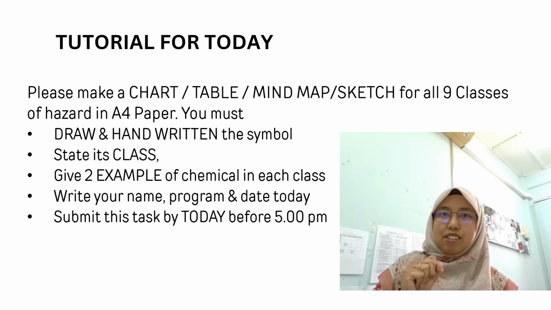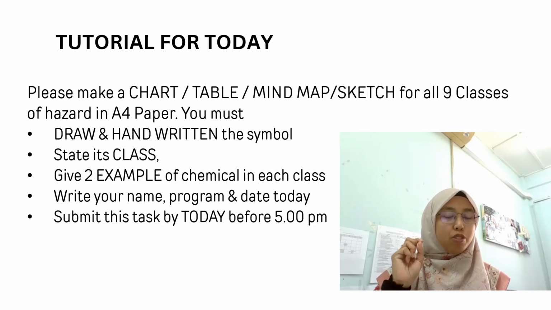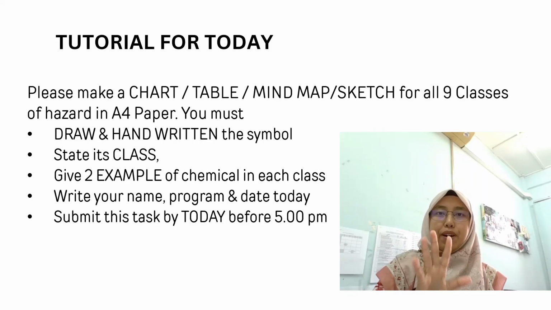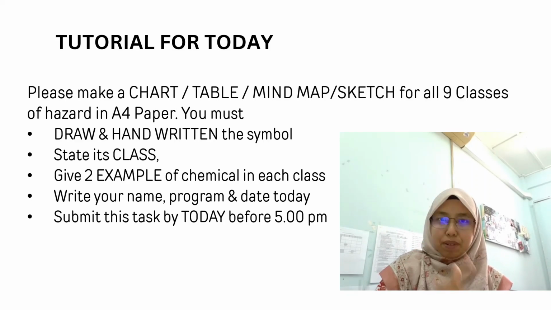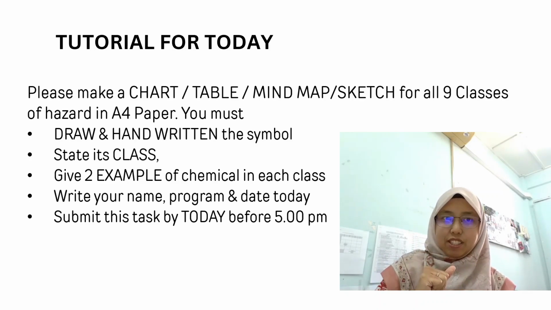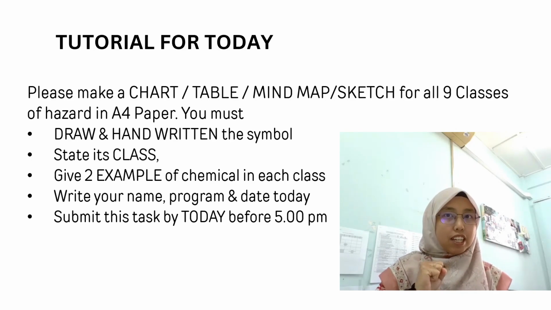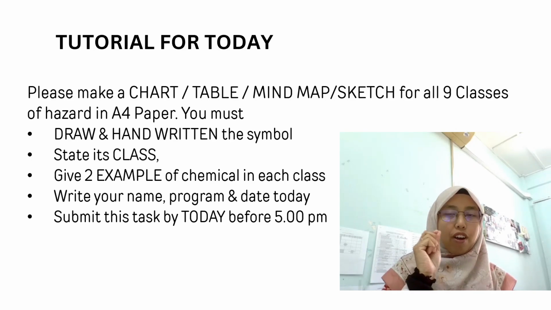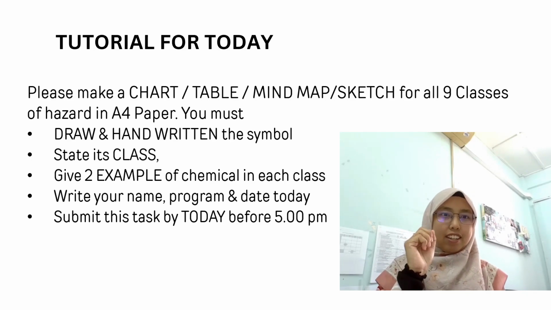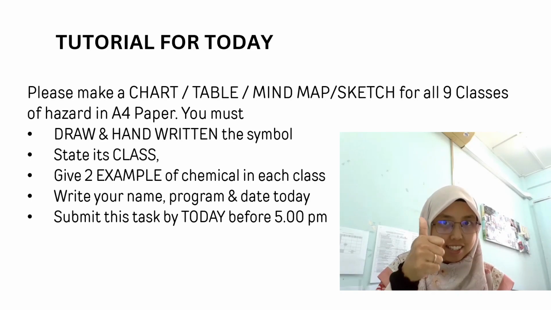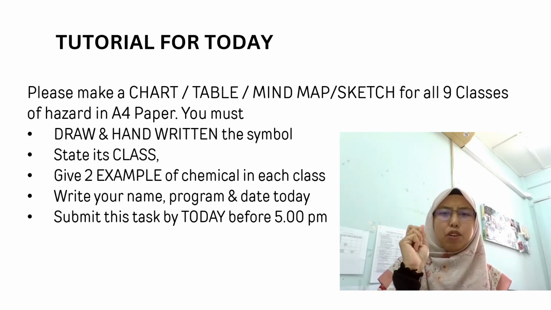After I have told you about the 9 classes of hazardous materials, now for today's tutorial task, all of you students must make a chart, table, or mind map sketch of all the 9 classes of hazards on an A4 paper, which you must draw or handwrite: the symbol, state its class, and give 2 examples of chemicals in each class.